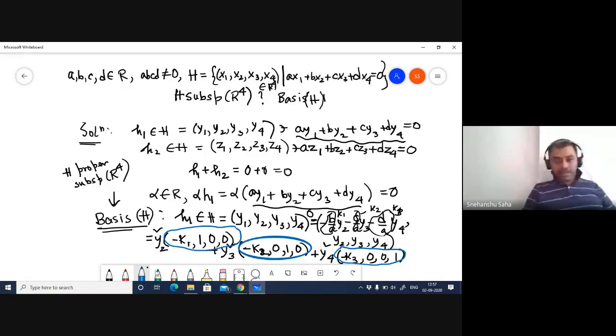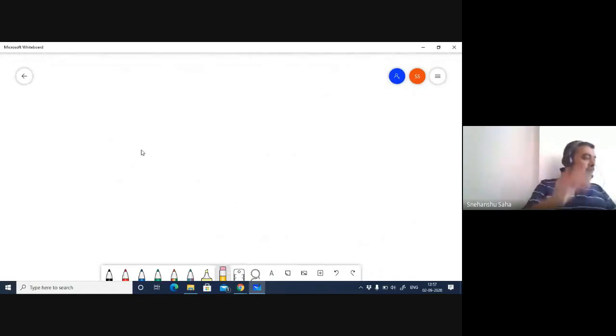So we recalled the definition of a subspace with an example of a subspace.